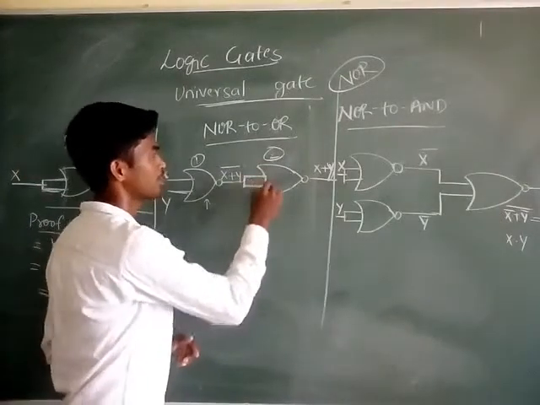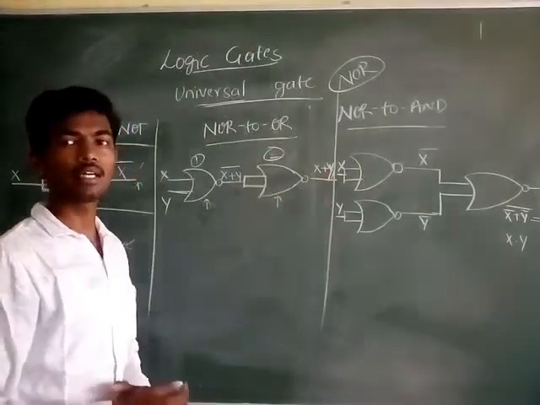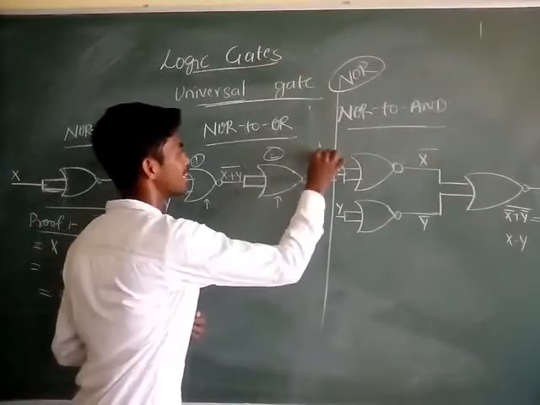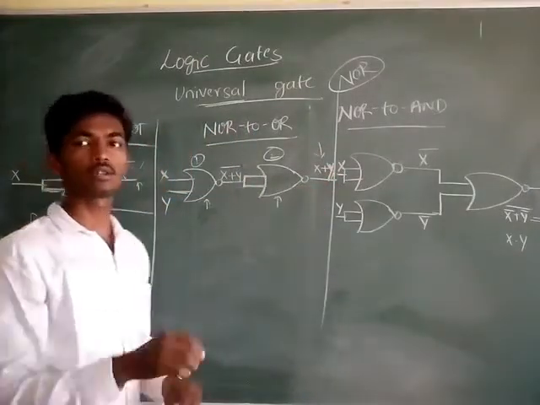So finally we will get x plus y as a result, which is required for the NOR to OR gate.